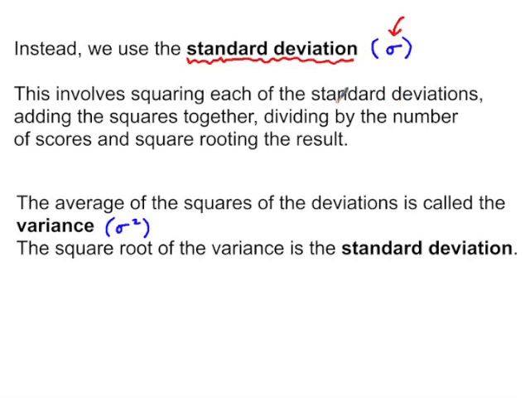Instead of just ignoring the negatives, we square each of the deviations. We then find the average of these squares, which is called the variance, and then the standard deviation is the square root of the variance, and that's why the symbol for variance is sigma squared.